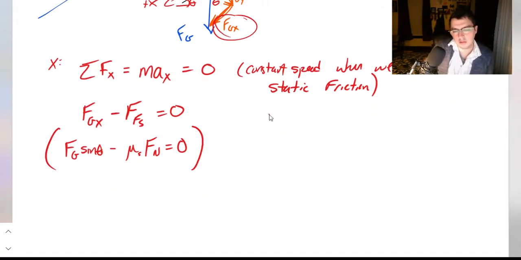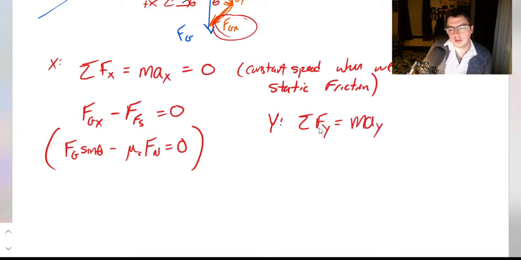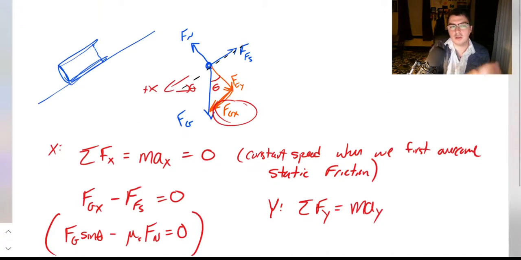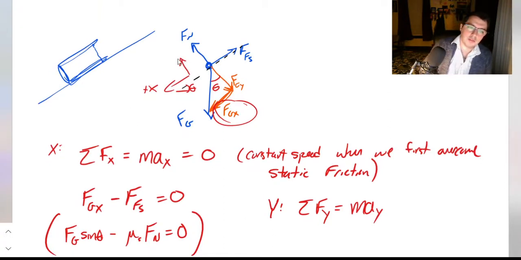In the y direction, what do I have? We always think about the y direction when we're dealing with friction. Sum of forces in the y direction is equal to mass times acceleration in the y direction. Well, in the y direction, go back to our force diagram, we had the normal force. If this is positive x, this is still positive y. We have the normal force, and then we have the y component of the weight force.